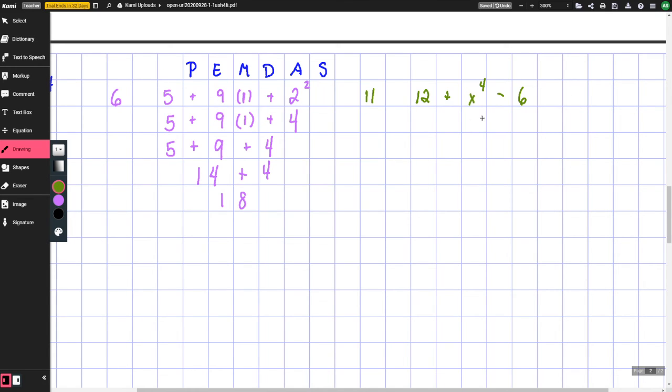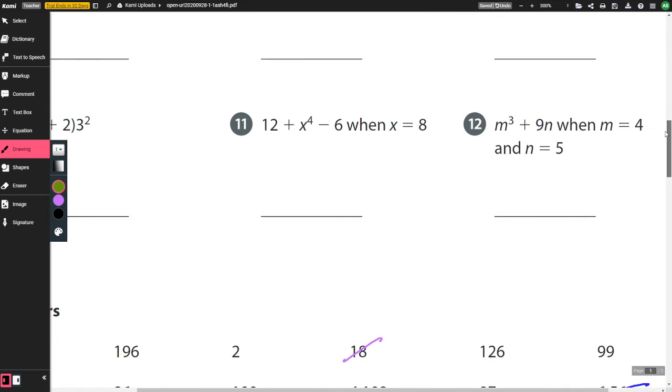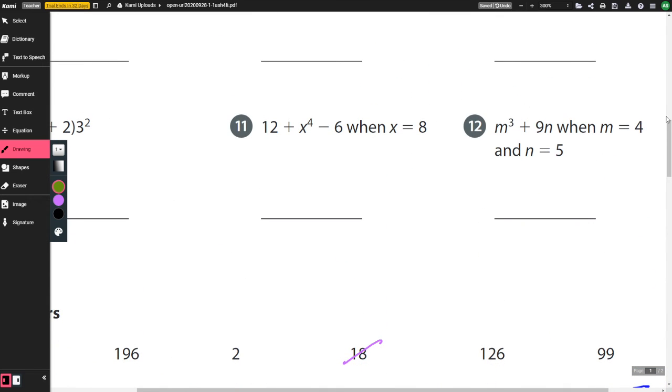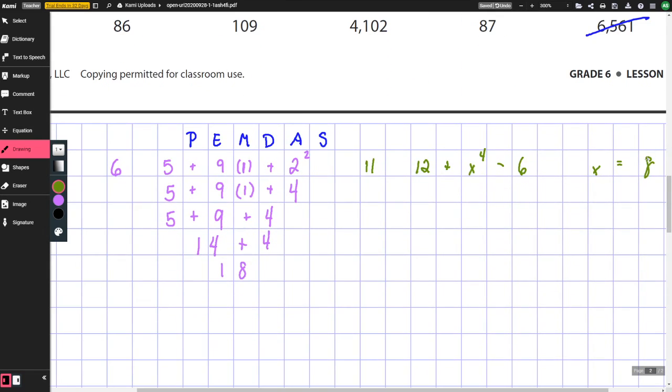I don't have any parentheses, but I do have to evaluate my x. It says x equals 8. Remember, you have to know that. So my first step, besides PEMDAS, is to insert 8 into this equation. So I have 12 plus 8 to the 4th power minus 6.